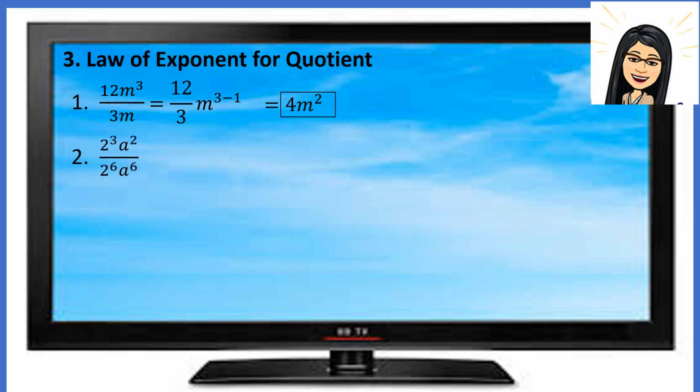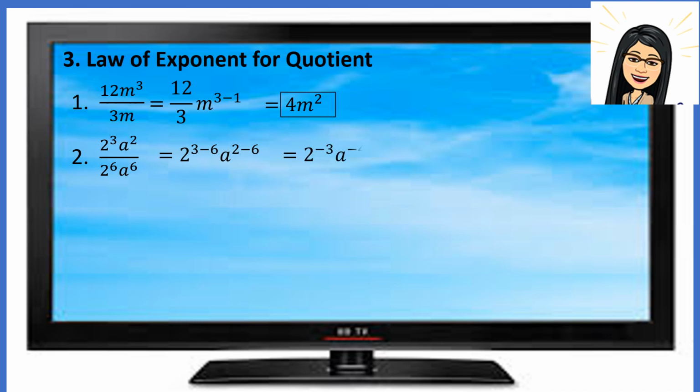Next example, 2 cubed a squared is divided by 2 raised to 6 a raised to 6. The common bases are 2 and a. So subtract their exponents. 2 raised to 3 minus 6, a raised to 2 minus 6.